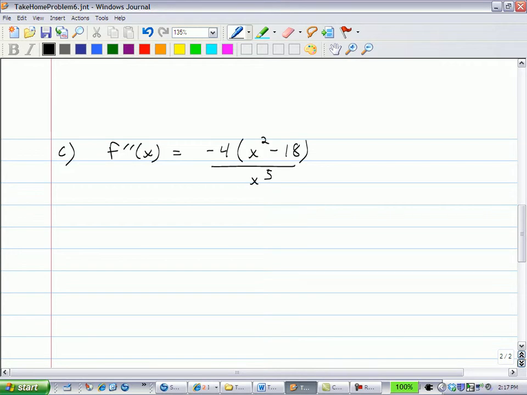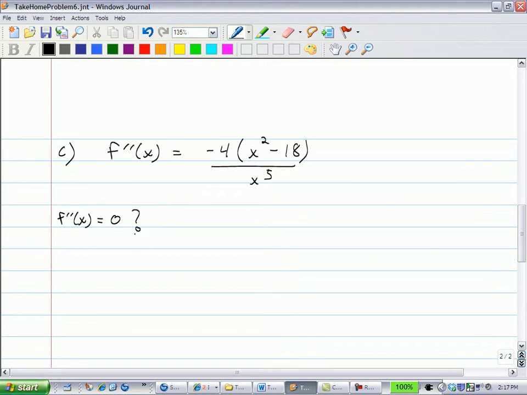Good job. So the only way we're going to change concavity is if, well, a few things happen. You can change concavity if your second derivative crosses the x-axis, meaning your second derivative would be 0. So kind of in the back of my head, I'm saying, okay, f double prime of x equals 0.